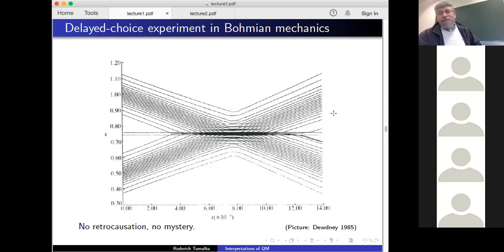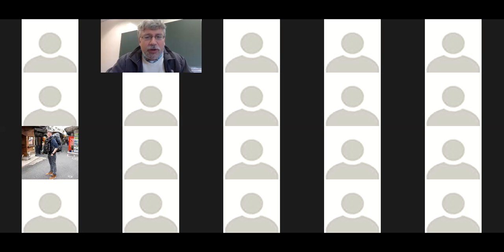There's another observation we can make about this picture, about the Bohmian trajectories. Let's see, for this I'd like to make a drawing. Let me use this here for making a drawing. I'm not sure whether this will work well. Okay.